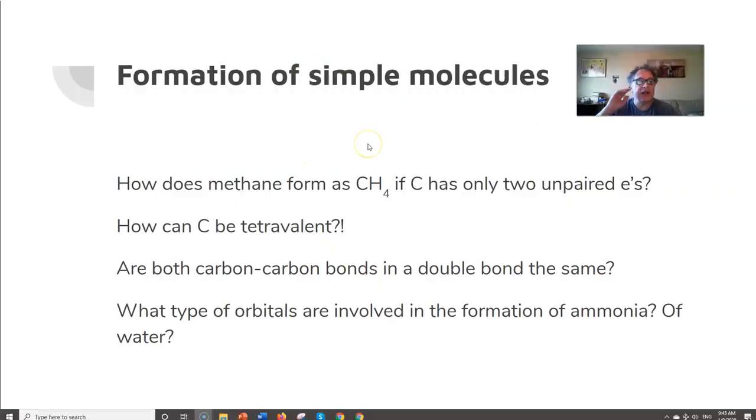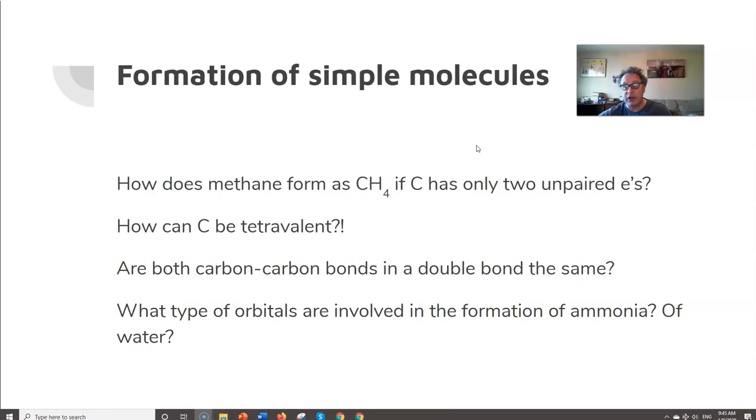So let's ask this question: how do simple covalent molecules form? This is all covalent bonding. And in fact, let's ask these specific questions. Methane is CH4. We know this. But how is it possible that methane can form as one carbon atom and 4 hydrogen atoms if carbon only has 2 unpaired electrons?